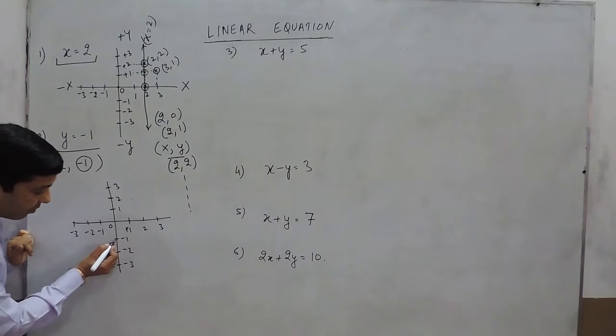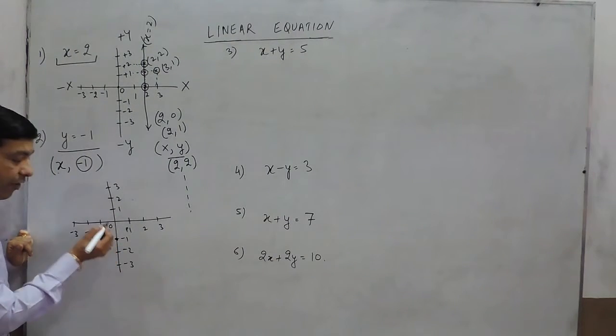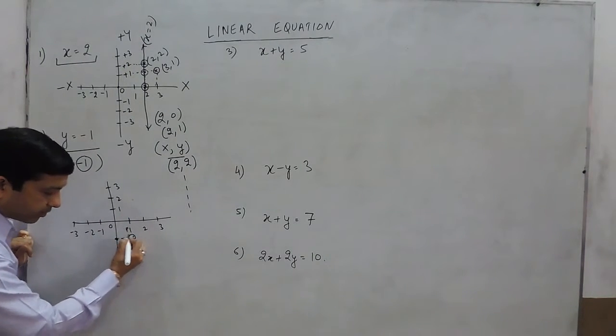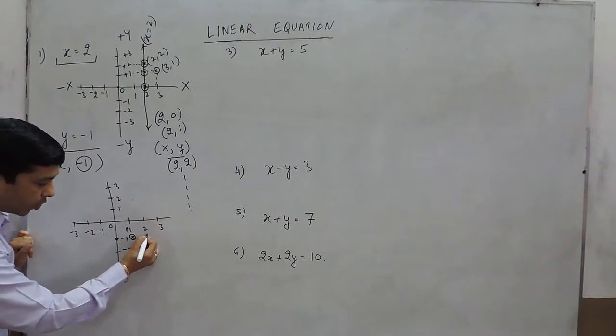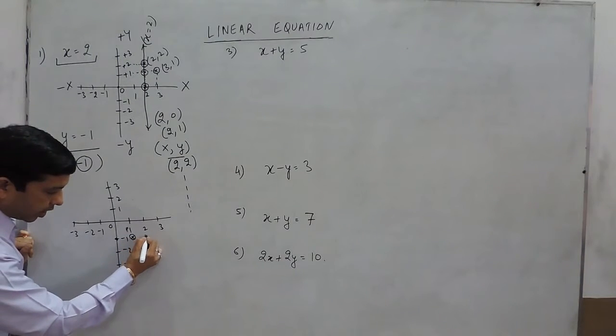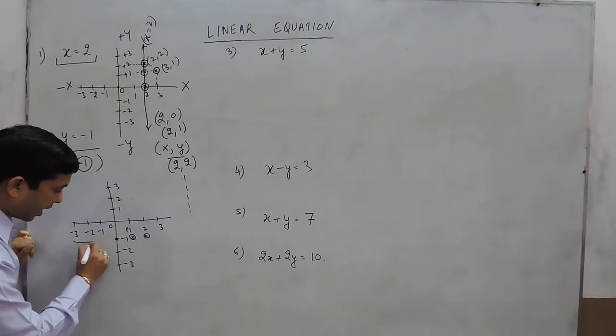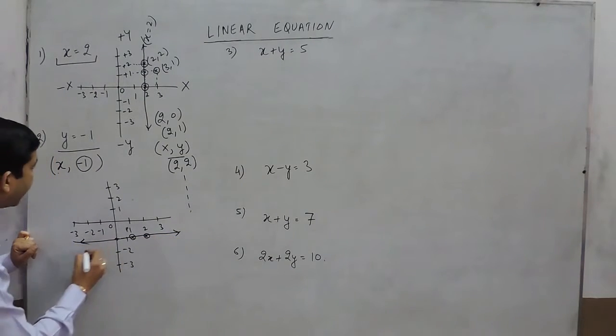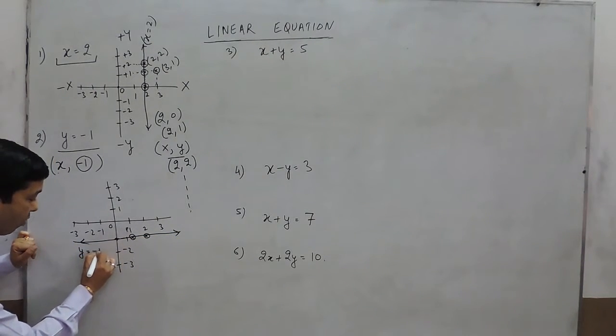If the value of x is 1 and the value of y is minus 1, the coordinate is this. Value of x as 2 and the value of y as minus 1, the coordinate is this. So this is the line which we are talking about and this line is representing y is equal to minus 1.